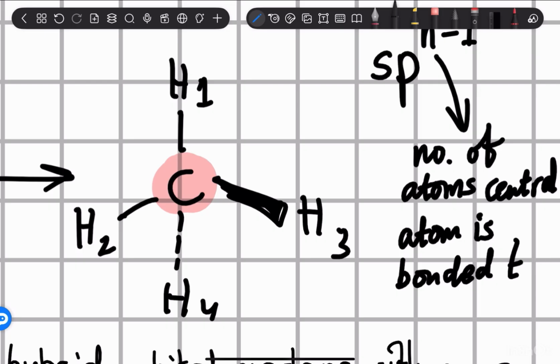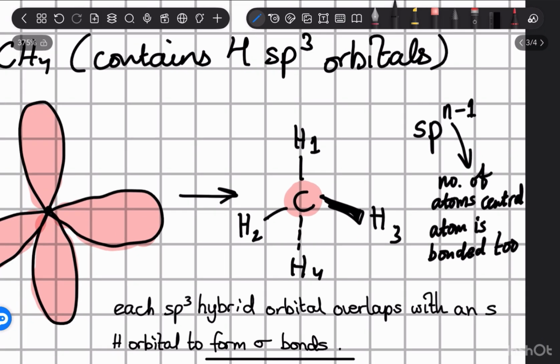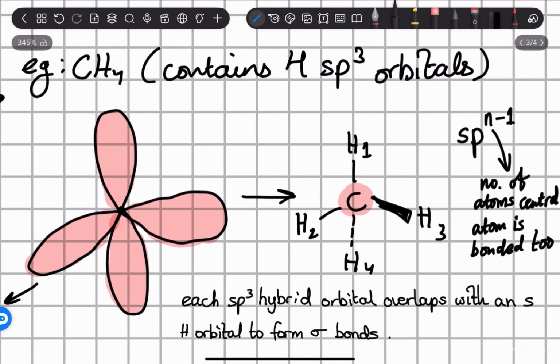So the number of atoms our central atom, which is carbon, is bonded to in methane is 4 atoms, which is hydrogen 1, 2, 3, and 4. Hence, it would be sp to the 4 minus 1, which is sp3 hybridized. And that's how you determine the hybridization.